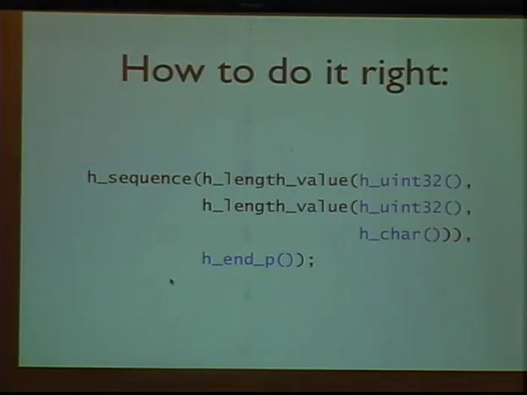Instead, you should be writing it like this, specifying exactly what it is that you expect, what is followed by what, and exactly where the packet needs to end, right? This is the parser. This is also the spec. This is the way to do it.